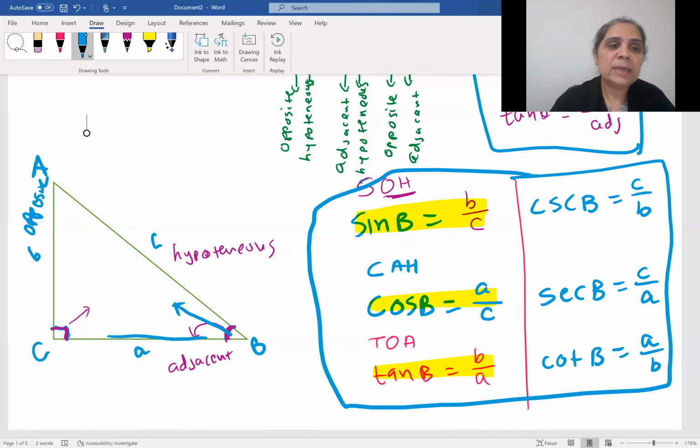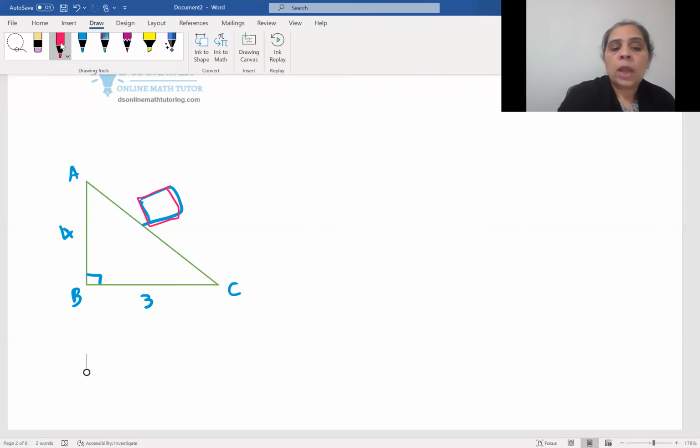Before that, I have to find the third side. Since we have a right triangle, we can use the Pythagorean law.